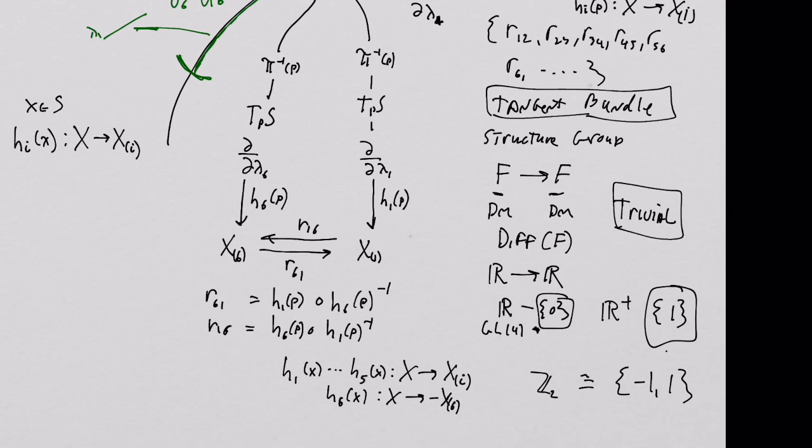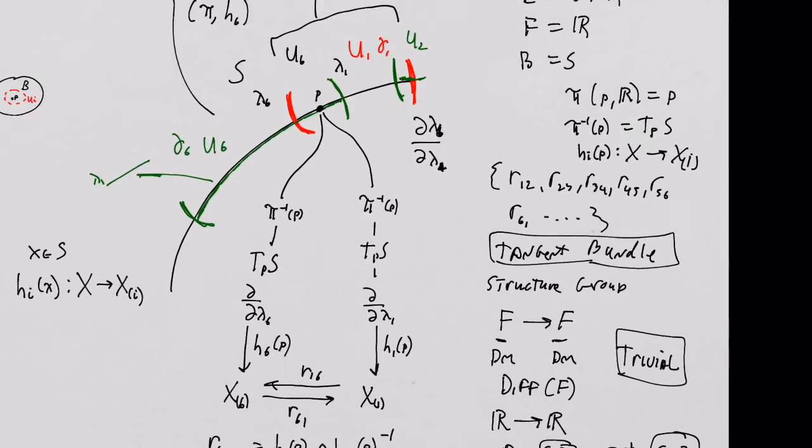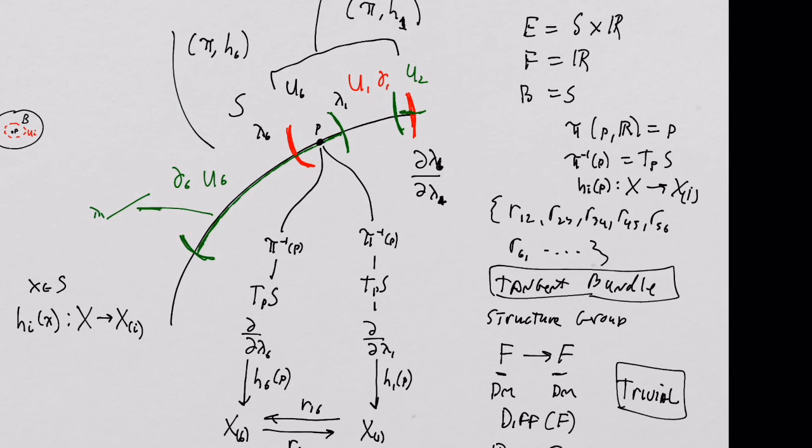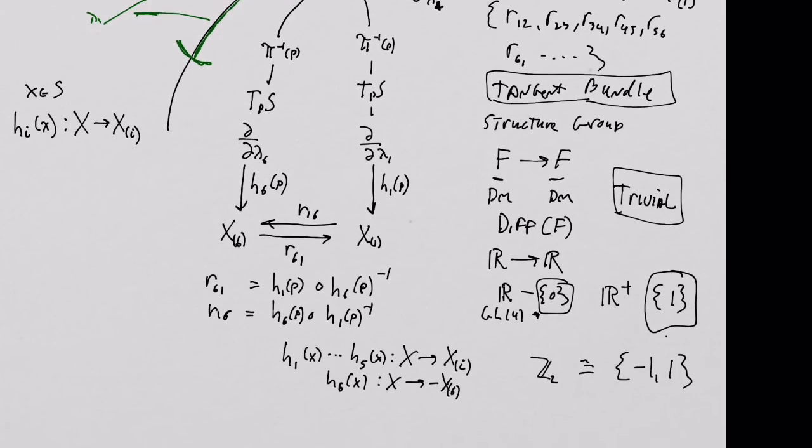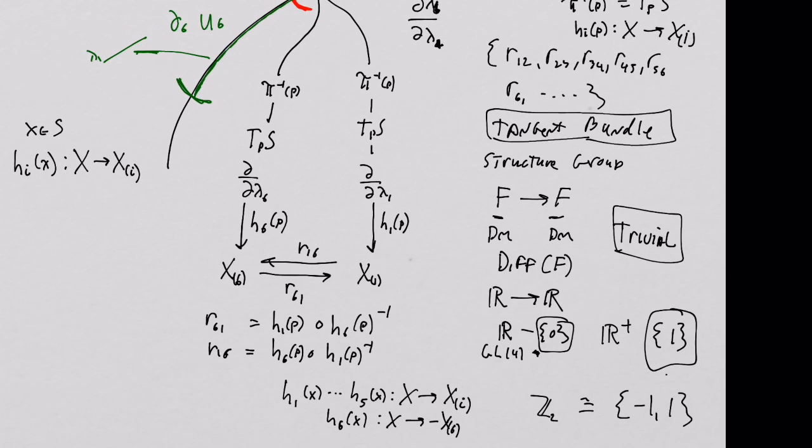Because I no longer can jam everything into the trivialization. And what this basically means is that the underlying total space is no longer just S cross R. I've actually created a different total space that's not S cross R. And I've done that simply by demanding this homeomorphism be different in H6. And I've created a Mobius strip.